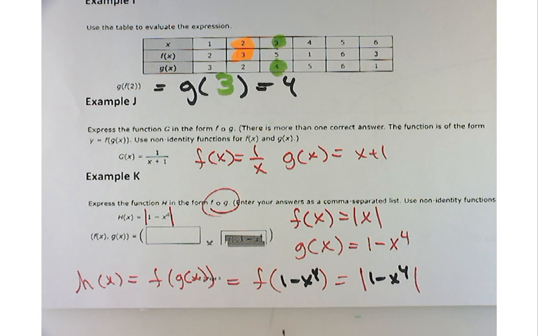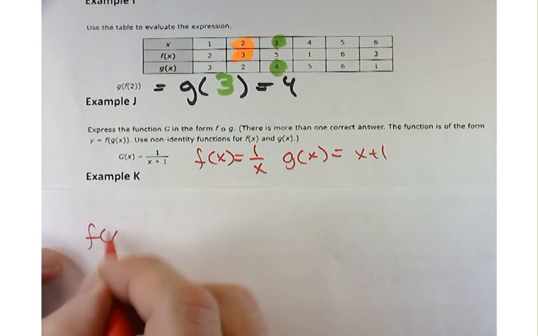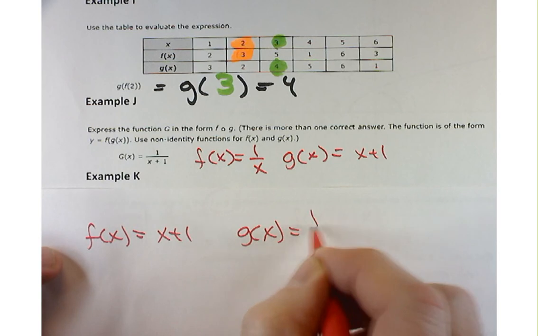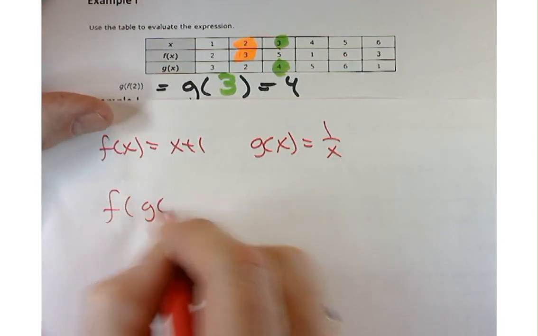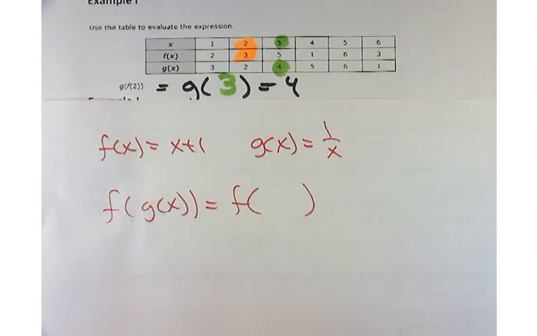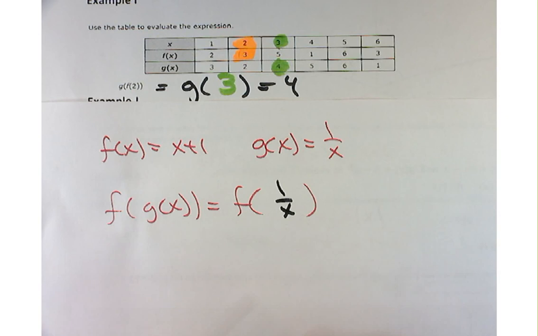Let me show you, if you had these things reversed, why WebAssign is going to mark it wrong. If I did f of x is x plus 1 and g of x is 1 over x, what would f of g of x look like? Well, here's your function composition practice. Start with the inside function, that's 1 over x.